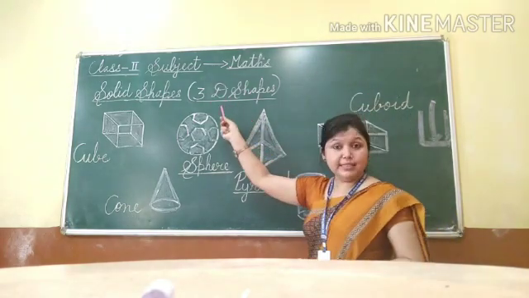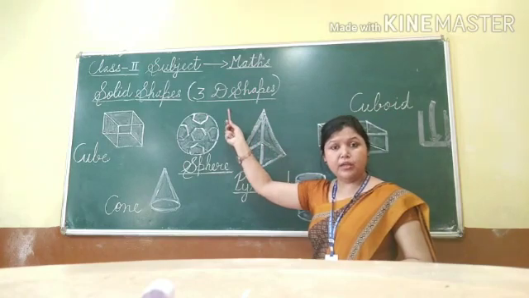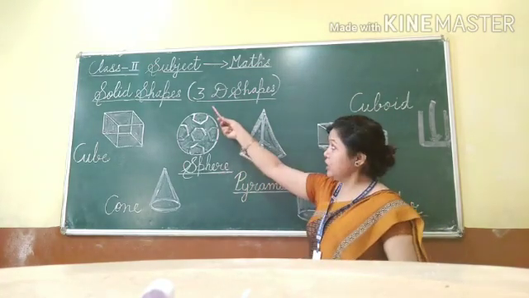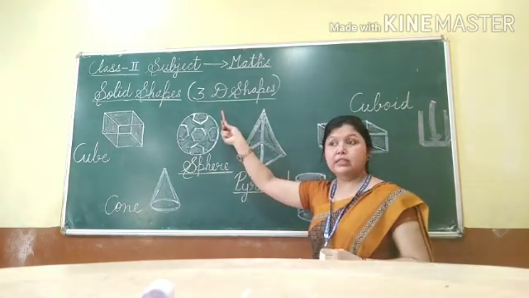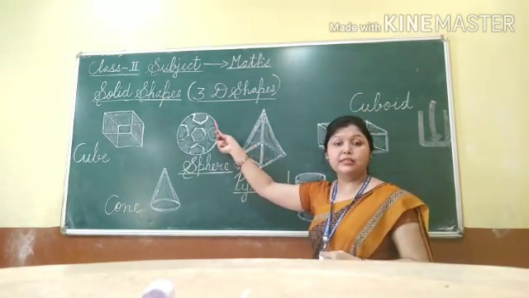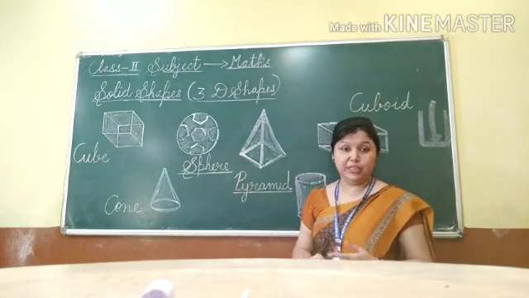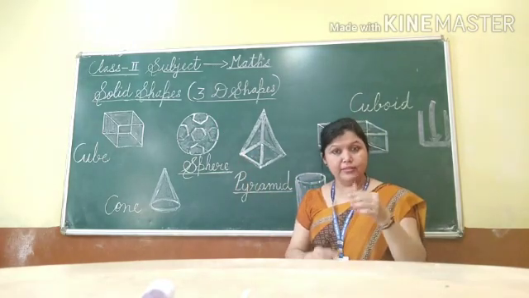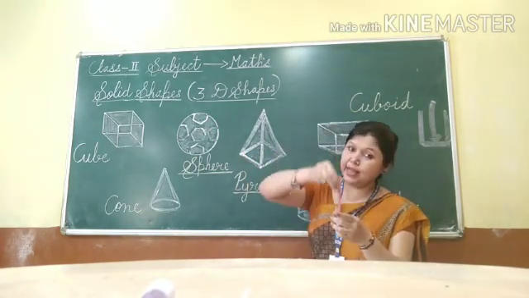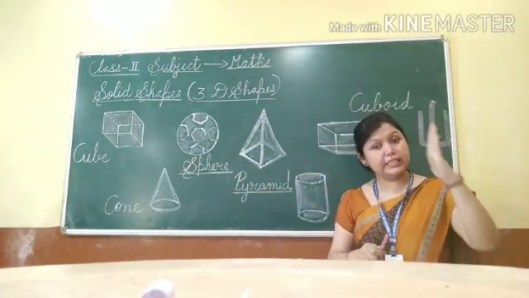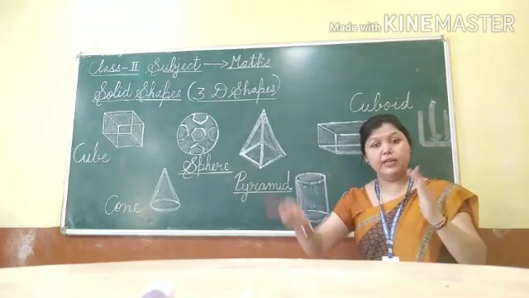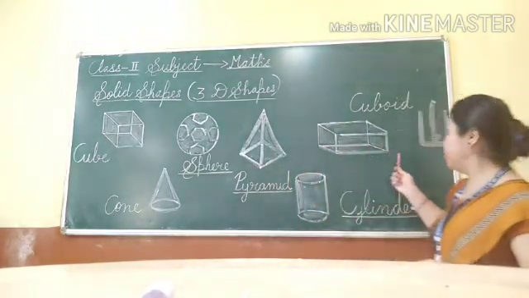3D shapes, you can see I have written on the board. And what is the meaning of this D? The meaning of this D is dimensions, means length, width and depth. Each and everything has its length, width and depth.